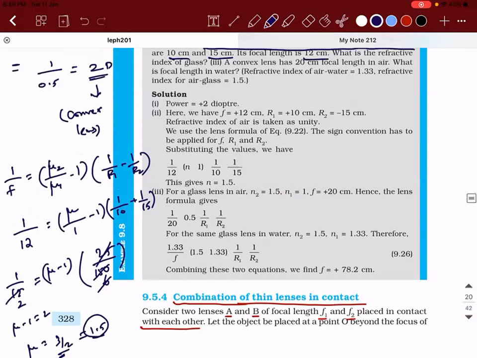So the refractive index of the material is 1.5. Shall I move on? Yes, sir.